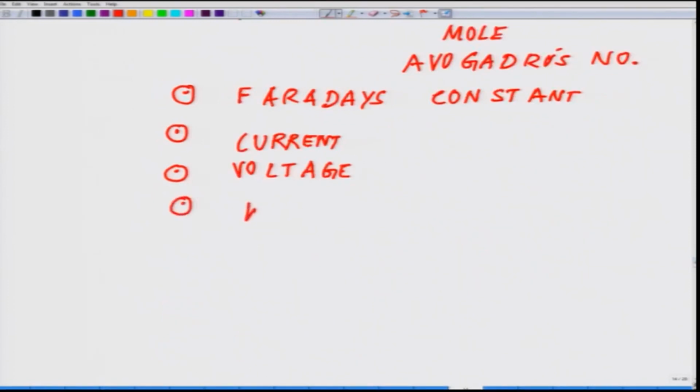Then we talked about the work done, the relationship between work, voltage and charge.